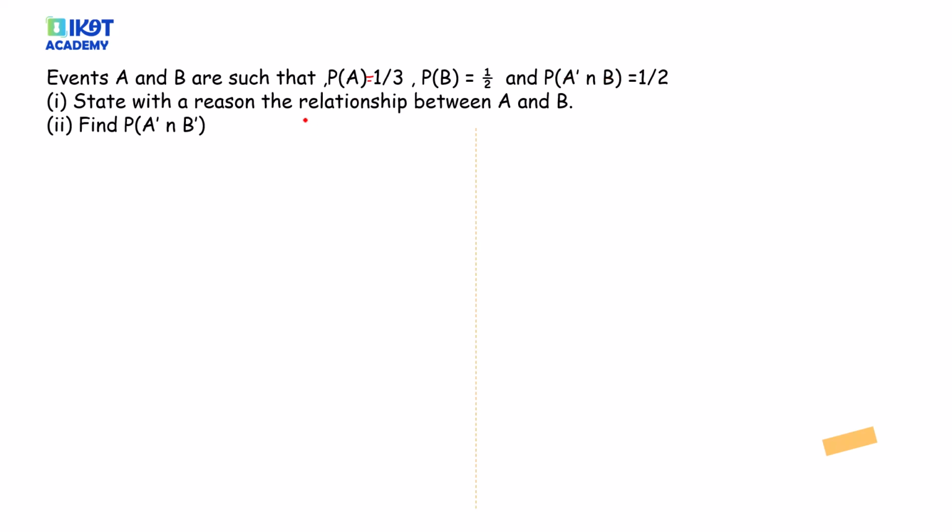State with a reason the relationship between A and B. Now for this question we have to look at what we've been given: the probability of B, and the probability of A complement intersection B. Of course when you're doing this question you don't know that you're talking about mutually exclusive events, and when you're given this number you don't know what to think of. So maybe draw this.